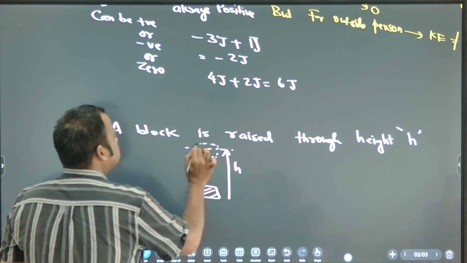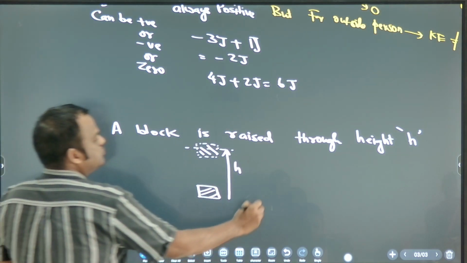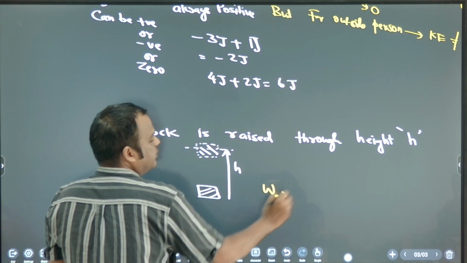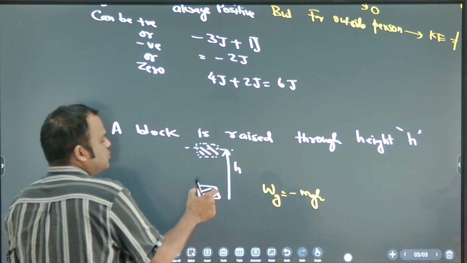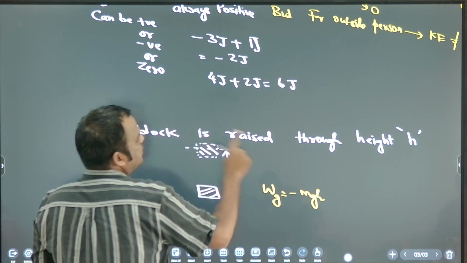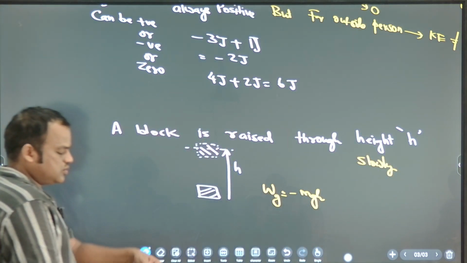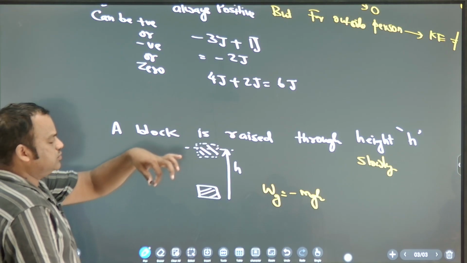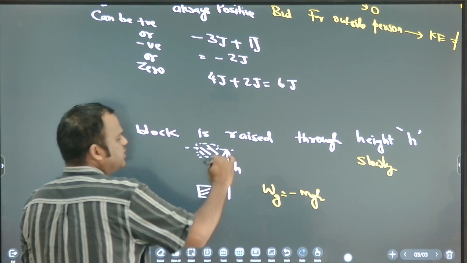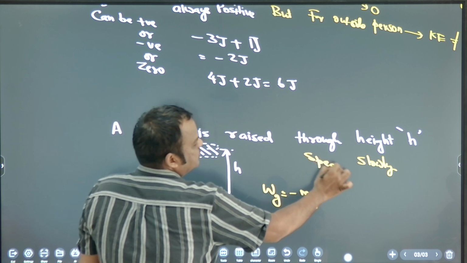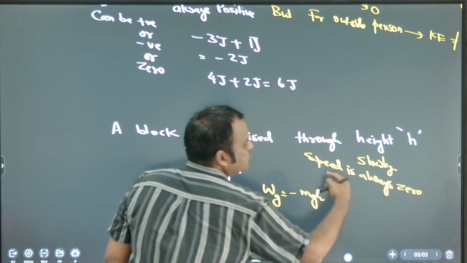What is the work done by gravity? Tell me. Minus mgh. Very good. And the block is raised slowly, so speed is always zero.